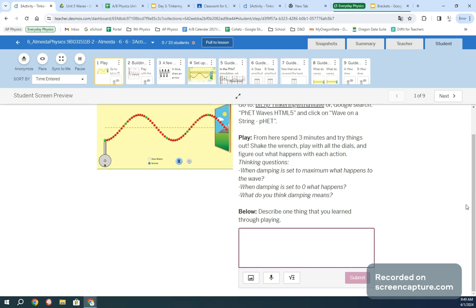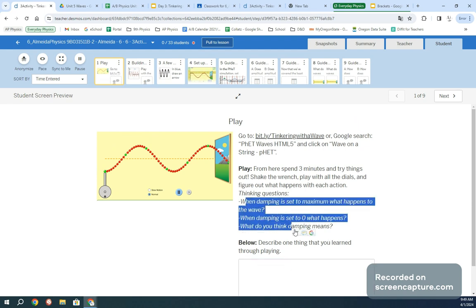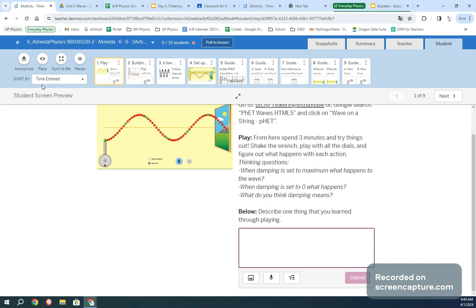So make sure that you're reading what you're supposed to be working on and typing in any answers to any of the questions that come up. And I'll slowly but surely unlock more and more of these slides once we're all on the same page so that we're not blazing ahead too far.